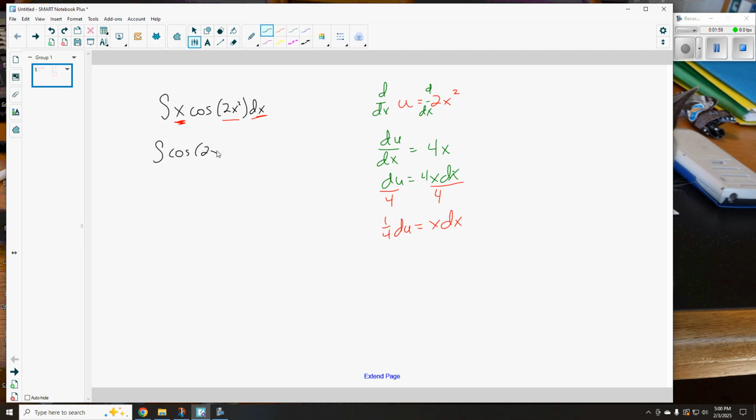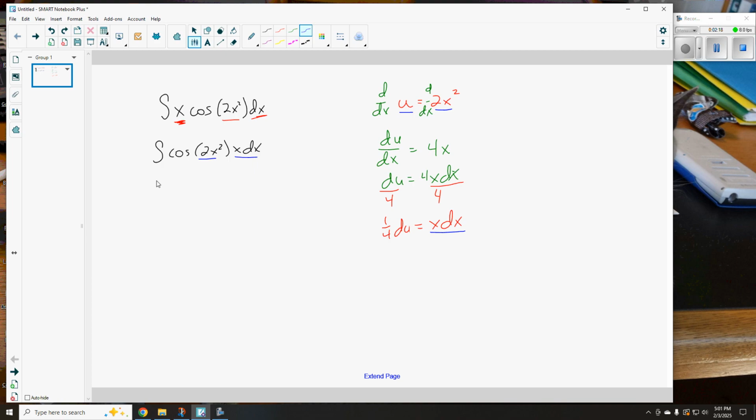Cosine 2x squared x dx. So I can see that x dx over here and x dx over here are the same. And I can also see that 2x squared is equal to u.